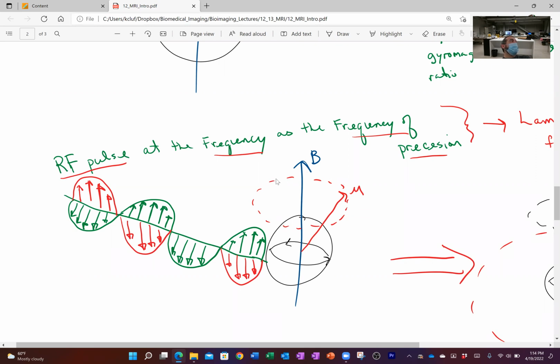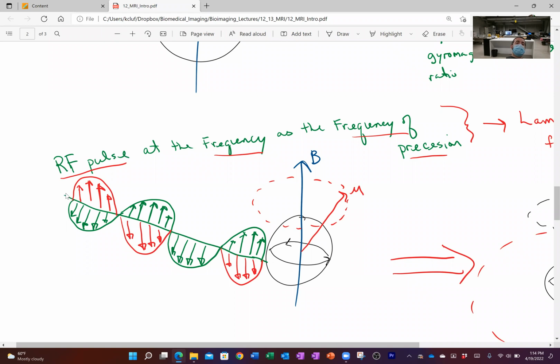It'll wobble around it, and the frequency at which it wobbles is called the frequency of precession. Now, what happens if you inject into this system a small pulse of radio waves, an RF radio frequency pulse, at the same frequency of precession?